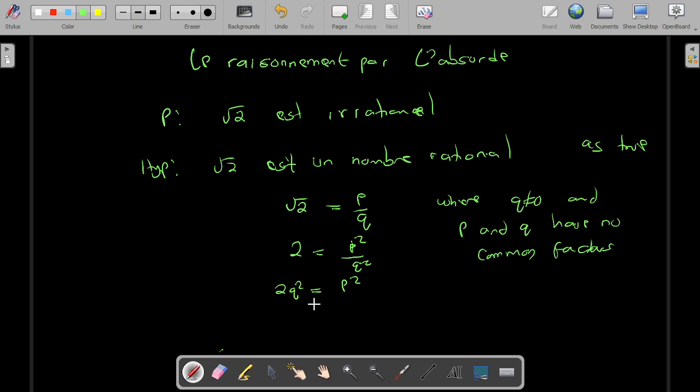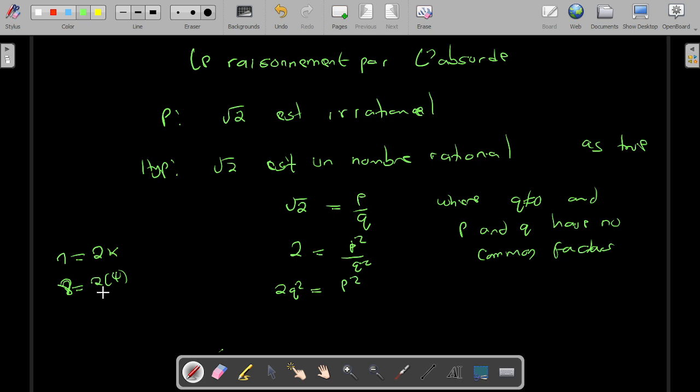If you are having doubts, well, if a number n is even, it can be written in the form 2k, where k is an integer. For example, the number 8 is even because it can be written in the form 2 multiplied by 4.